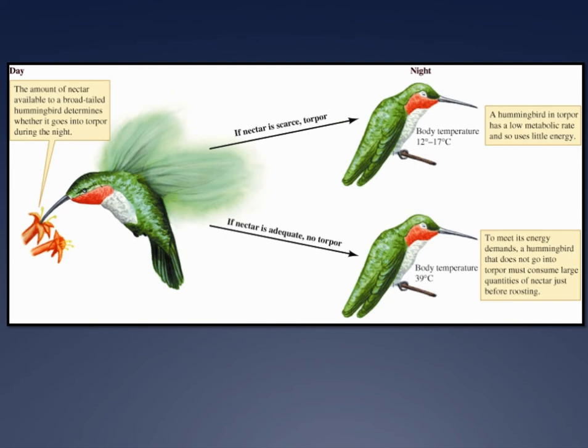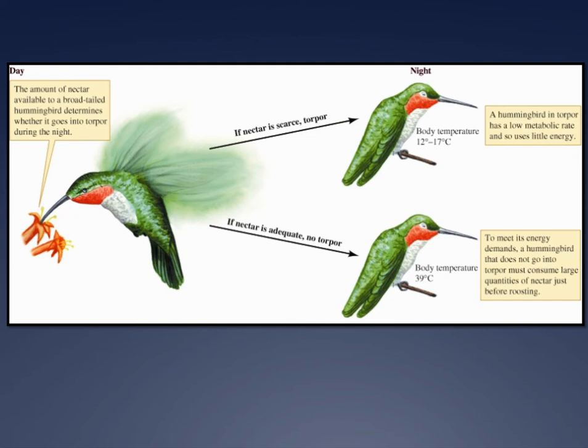But if nectar is scarce, and that could be the case when these hummingbirds first come back, my goodness, they've migrated perhaps over 1,000 miles, this little bird flying to get back to Illinois. That's why I like to have my hummingbird feeders out right away in April. In any case, if they get back and there are not a lot of flowers for them to feed on, then in fact, the top right conditions are probably what's going on. Nectar is scarce, there's torpor, and the body temperature is going to drop at night.